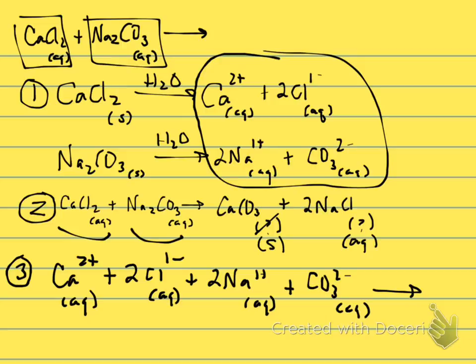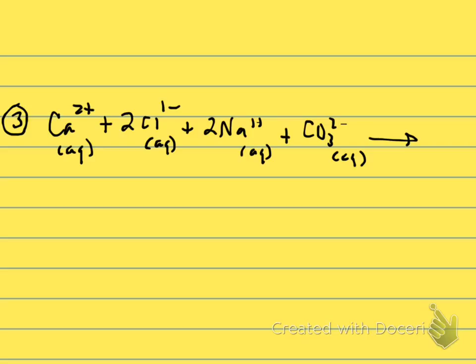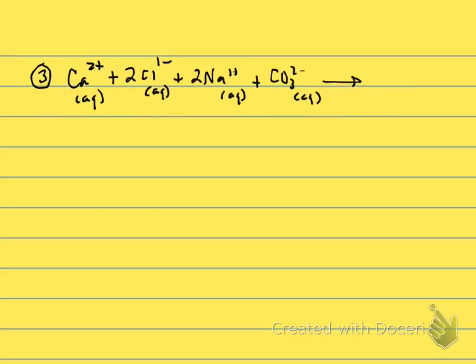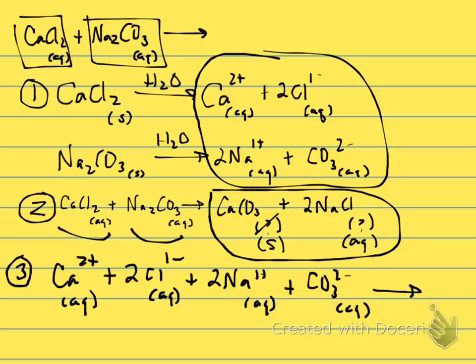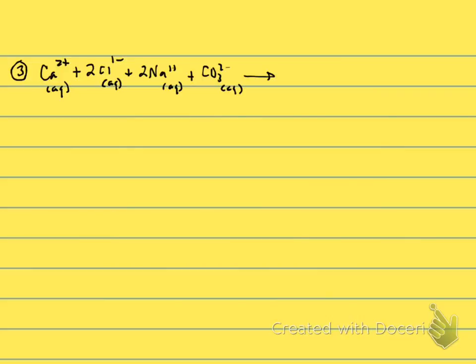So now we're going to come back to here and say, well, which of those, actually let's move to a clean page as it were. Copy, paste. Okay, if we glance back here, which of those are actually going to participate in a reaction and form a compound? The calcium and the carbonate.